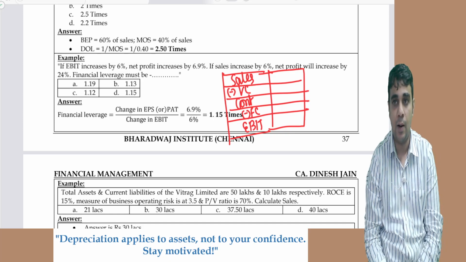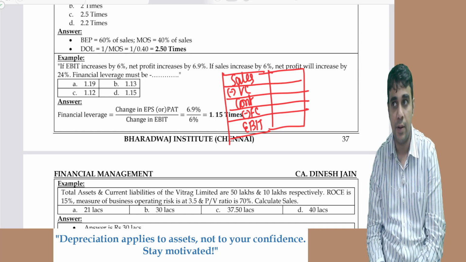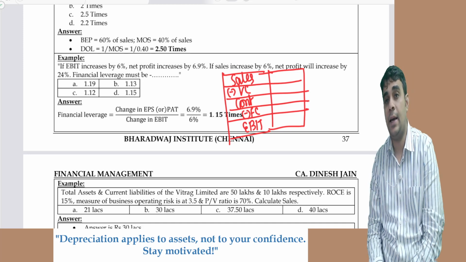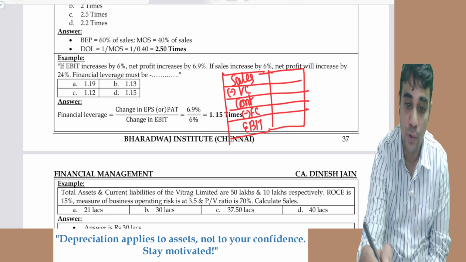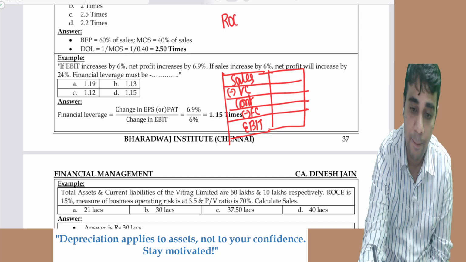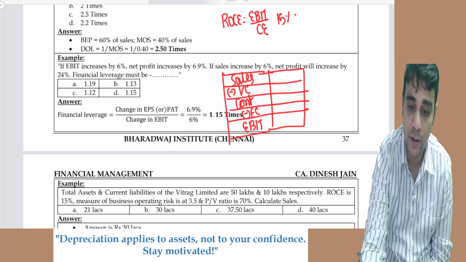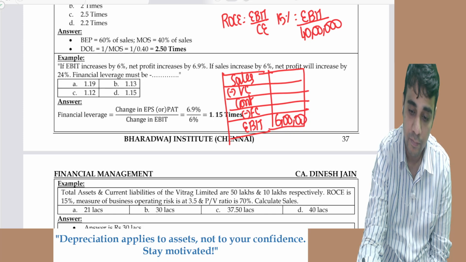PV ratio cannot give you profit. ROC, return on capital employed, is equal to EBIT by capital employed. What is the capital employed here? Total assets minus current liability. So ROC is equal to EBIT by capital employed, 15% equal to EBIT by 40 lakh. Capital employed is 40 lakh. EBIT is 6 lakh.